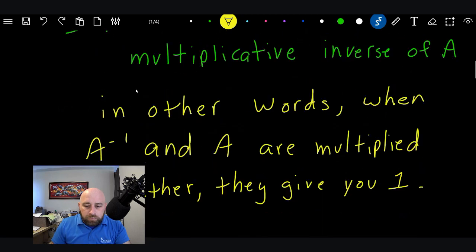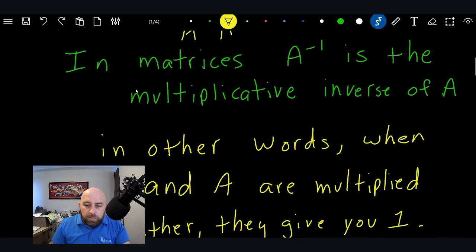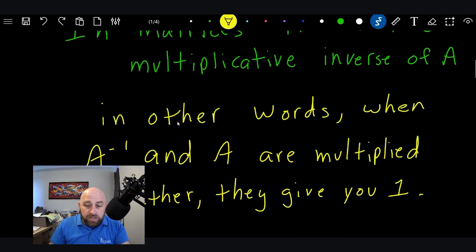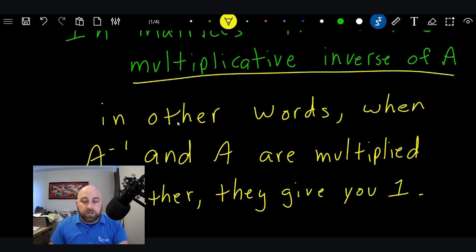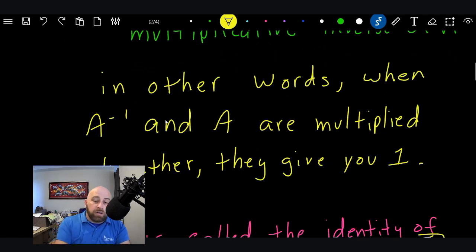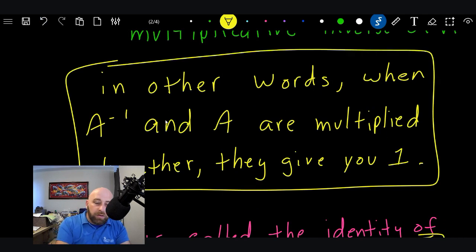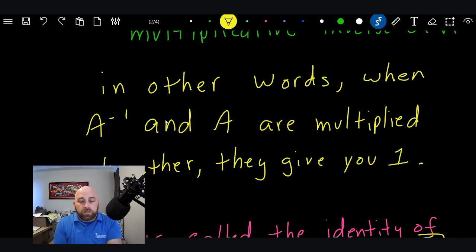Coming back up here, make sure that when you see this, it wants the inverse of the matrix. So A1, B1, C1, whatever matrix you're talking about, they want the inverse. It's the multiplicative inverse of A. I put it in common people talk right here: when A to the -1 and A are multiplied together, they give you 1.